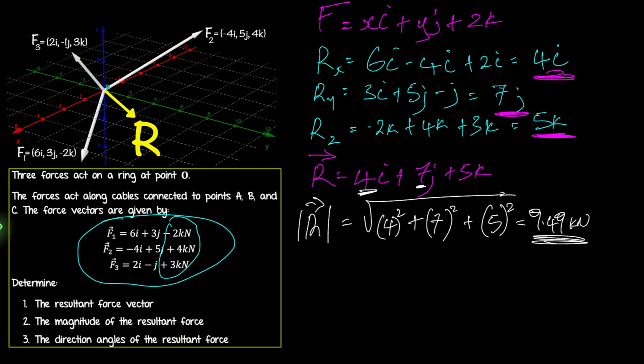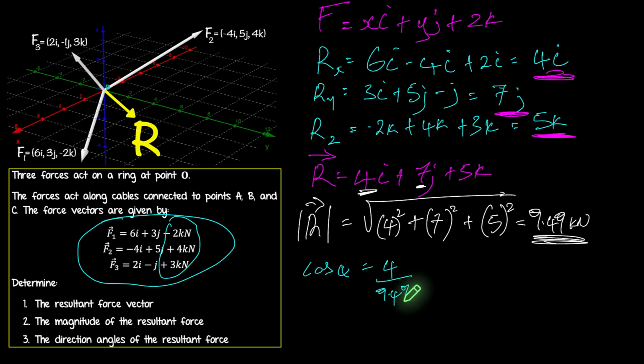So what we do now for our angles, so for the first vector component, for the i component, we say cos alpha. It's really the cosine directions you'd see this as, or the direction cosines. So it's cos alpha equals 4, and this 4 is coming from the resultant vector here, where you see that 4i, and it's going to be 4 over the magnitude that we have here, which is 9.49.